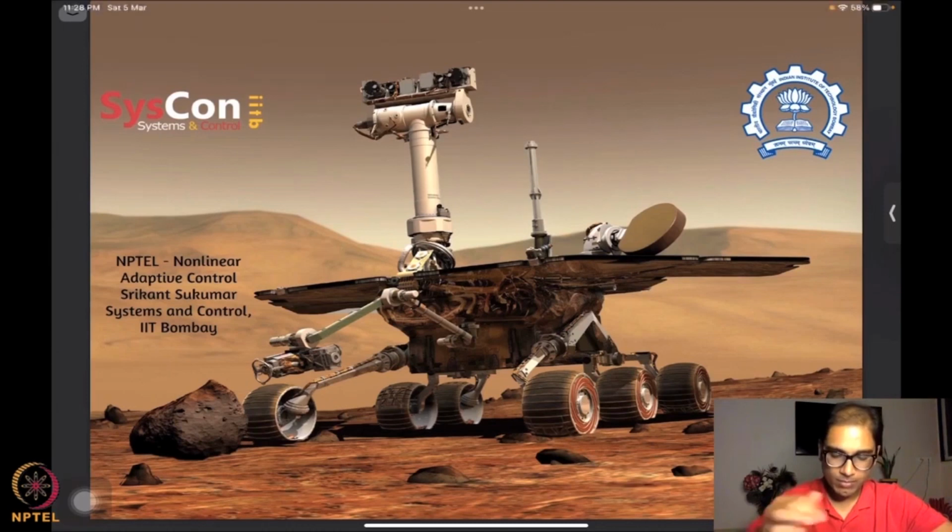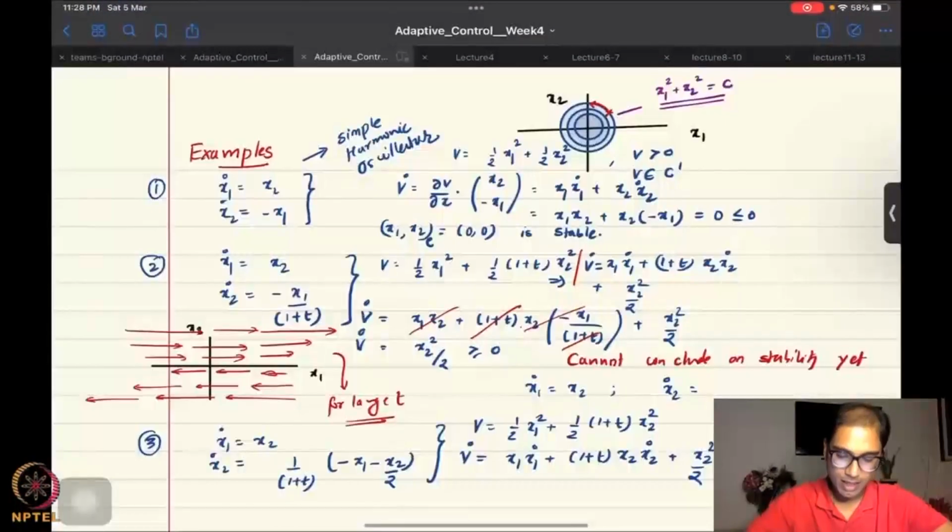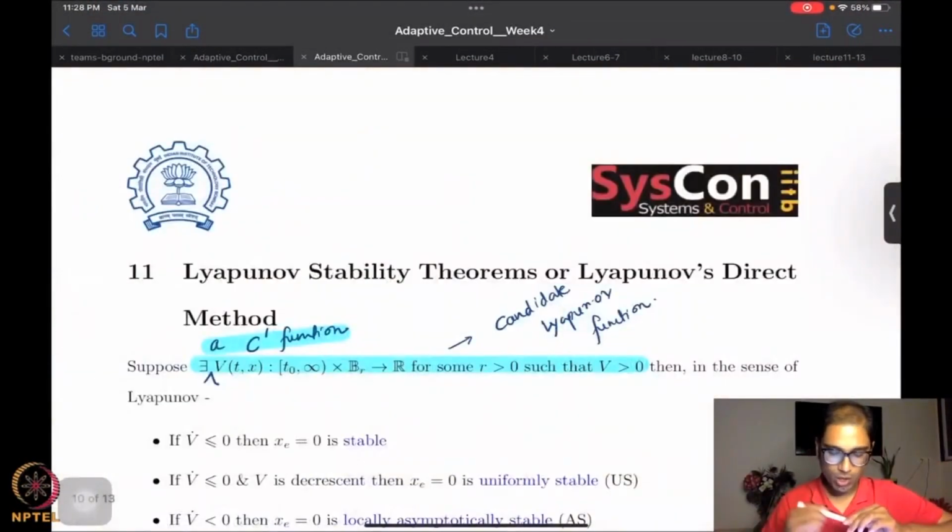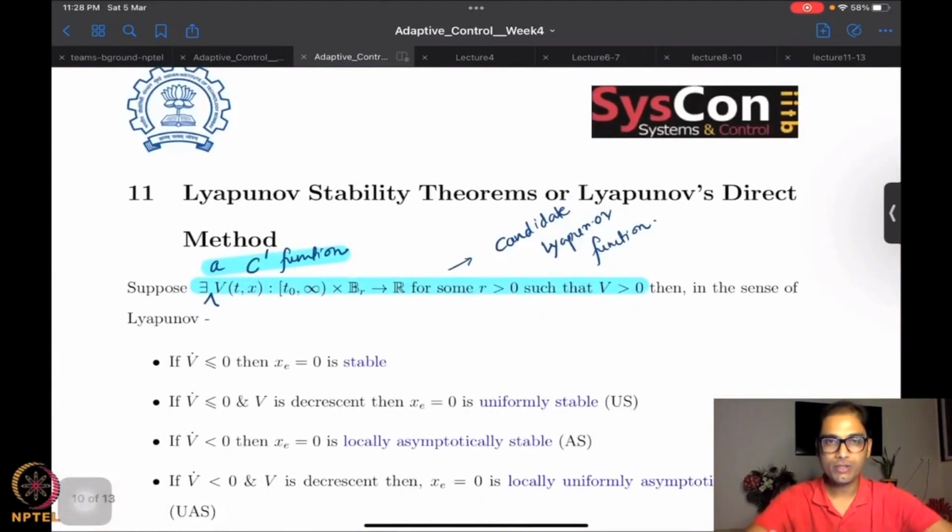So last time we had started our discussion on the Lyapunov stability theorems, right? As we had stated already, these are rather seminal results in the field of nonlinear control.